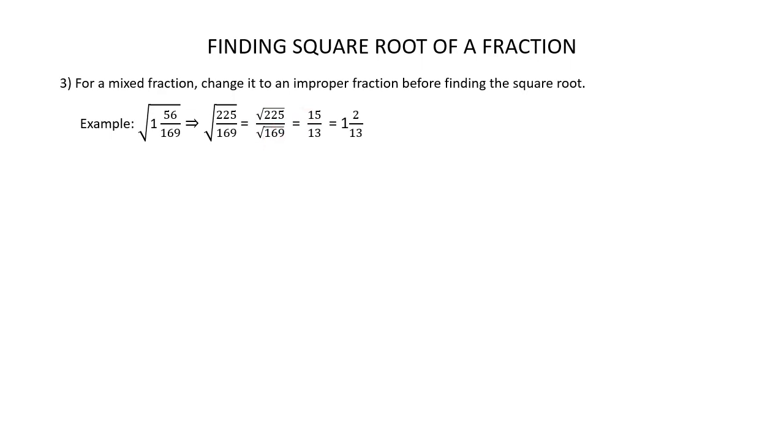Here you have to find the square root of the numerator and denominator separately. Square root of 225 is 15. Square root of 169 is 13. So square root of 225 upon 169 is nothing but 15 upon 13. 15 upon 13 can be written as the mixed fraction 1, 2 by 13. So finally you have found out the square root of 1 and 56 upon 169 is nothing but 1, 2 by 13.